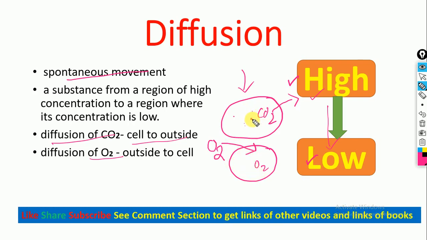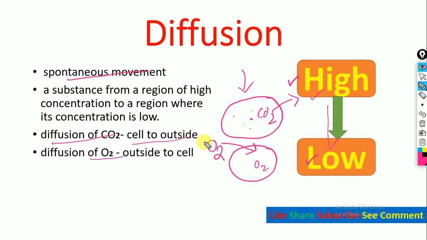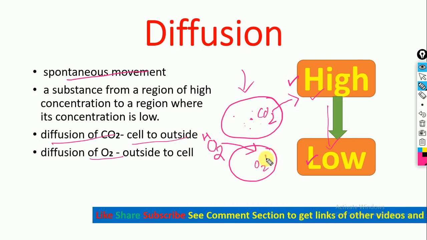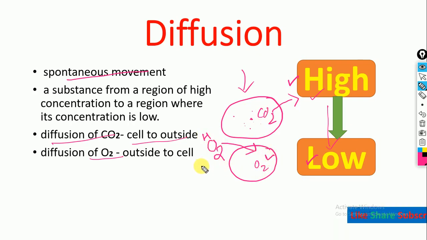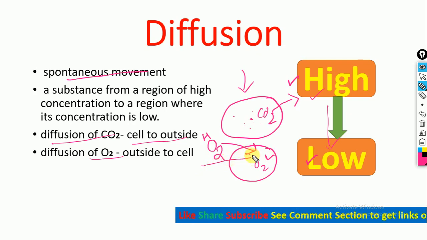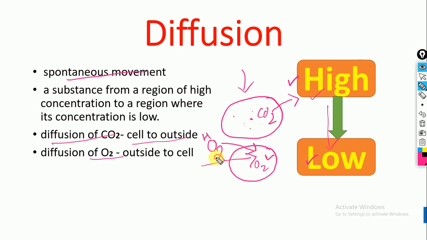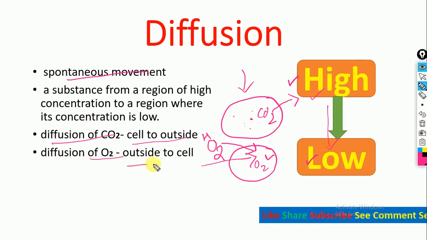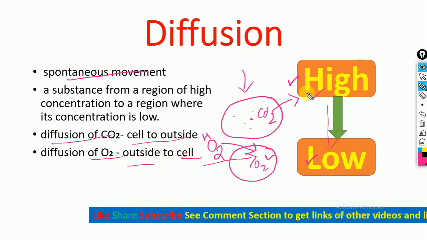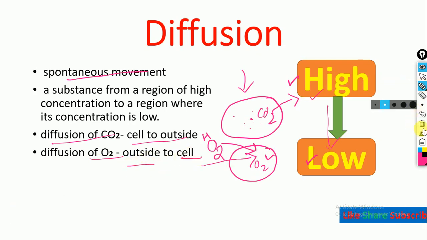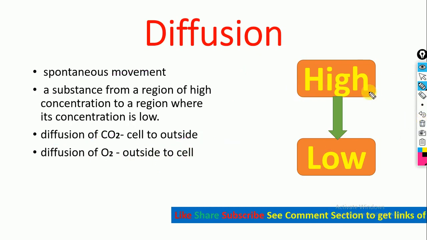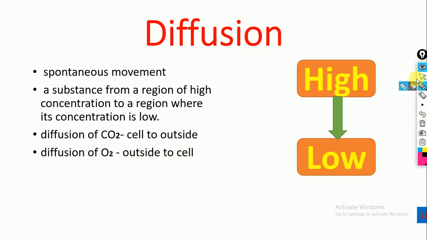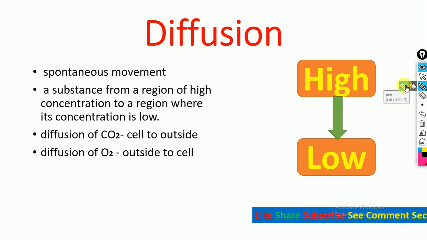In this case we have seen that CO2 is more, so from high to low it will move. That means from the external environment to the cell. In this way diffusion of O2 occurs from outside to the cell. So this is all about diffusion under the plasma membrane function. We have seen all these things.